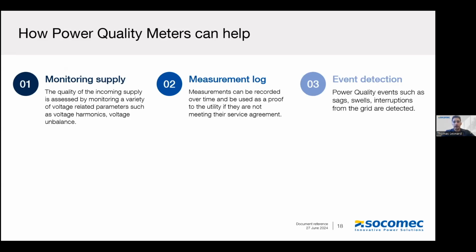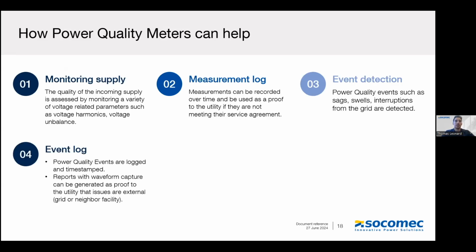Power quality meters will detect events such as sags, swells, interruptions. Those are logged, they're time-stamped, so you can build a report, and you can include more details such as waveform capture, amplitude, and duration, and you can show that to the power provider, saying that they did not respect the service agreement.